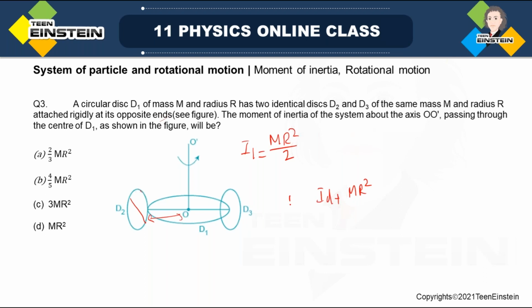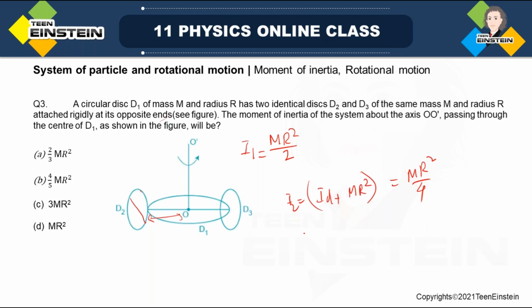This is for D2, suppose I2. So I2 is I diameter, that means the moment of inertia of this disk about its diameter, mr square by 4, plus mr square. And D3 has the same moment of inertia, so we can multiply by 2.